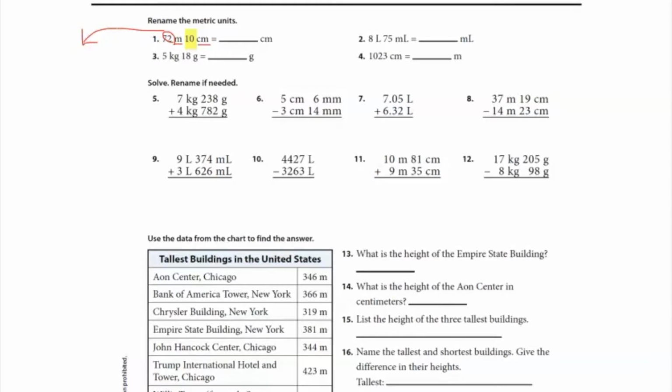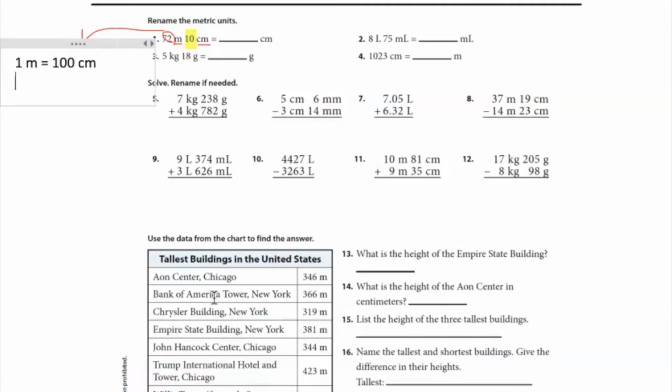First we need to remember the conversion. I hope all of you remember it. How many centimeter is in 1 meter? 1 meter is equal to 100 centimeter.